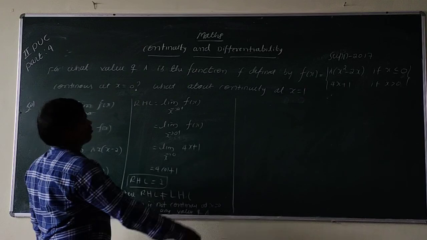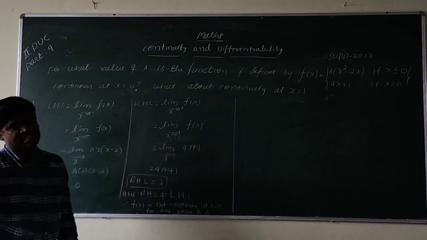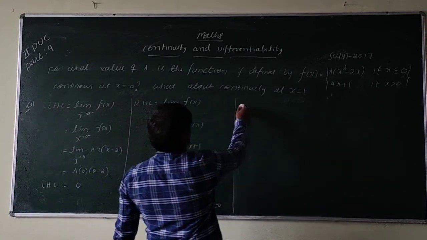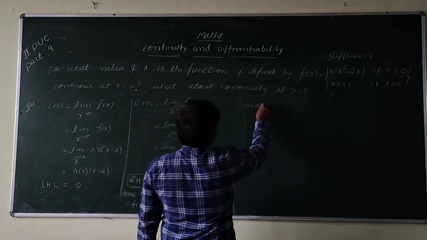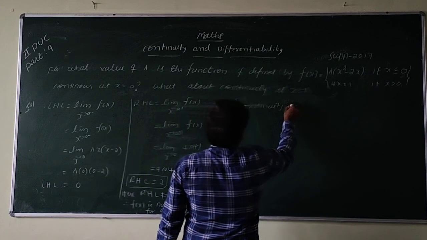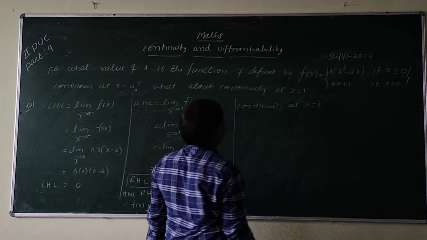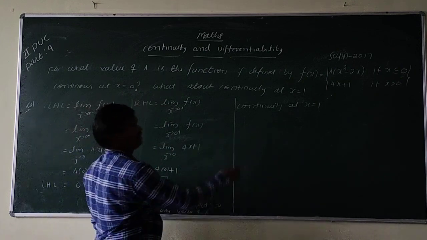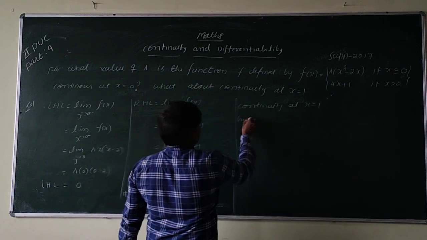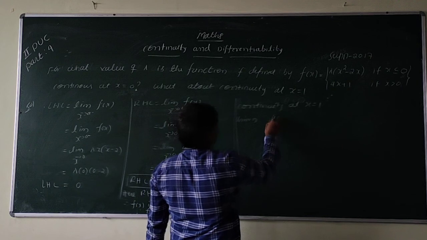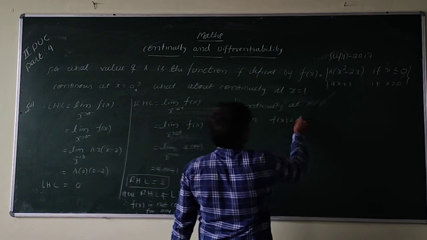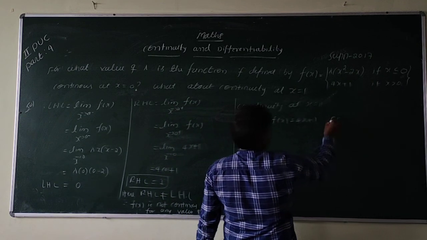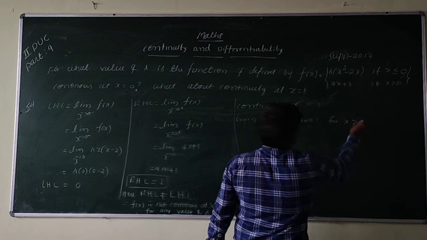One more question is what about continuity at x equal to 1? Here it is given that f of x is equal to 4x plus 1 for x greater than 0.